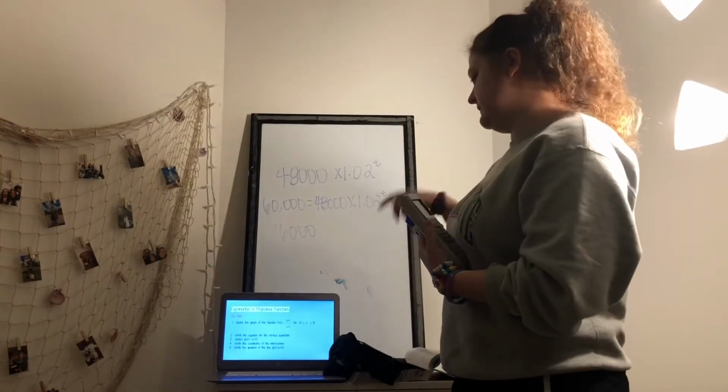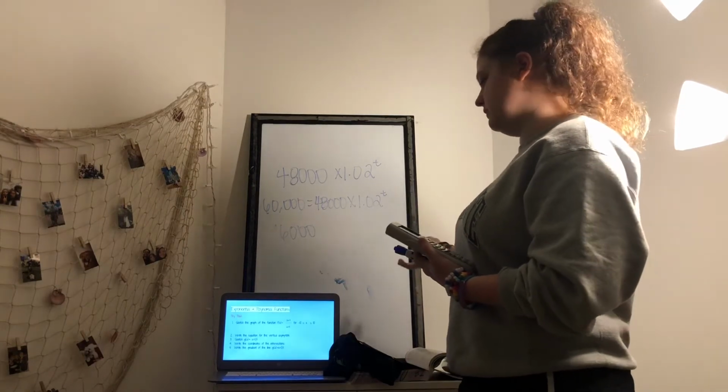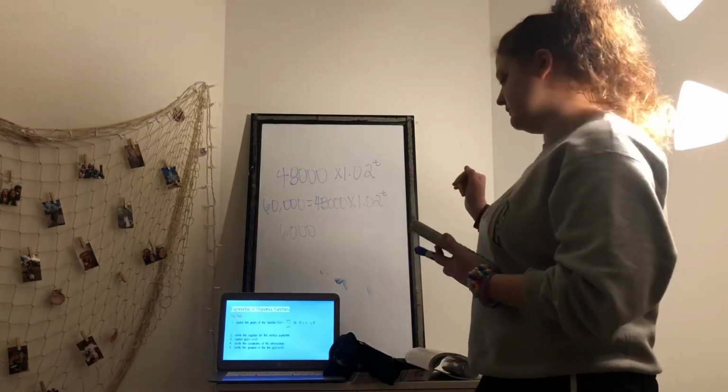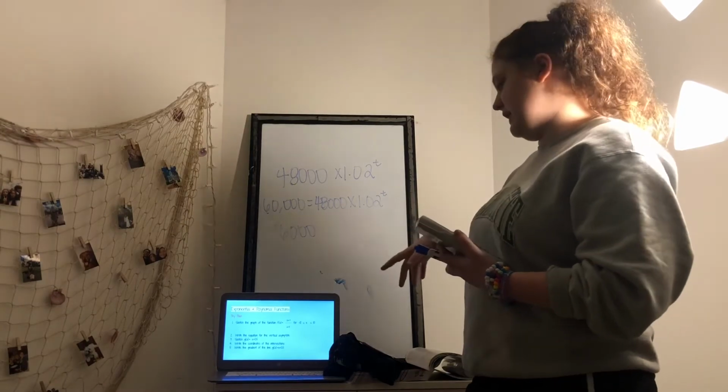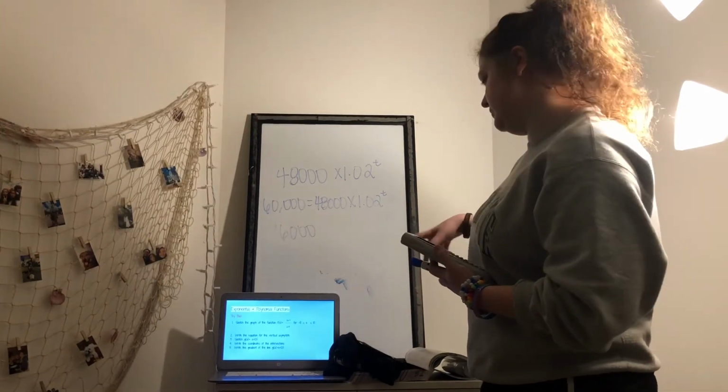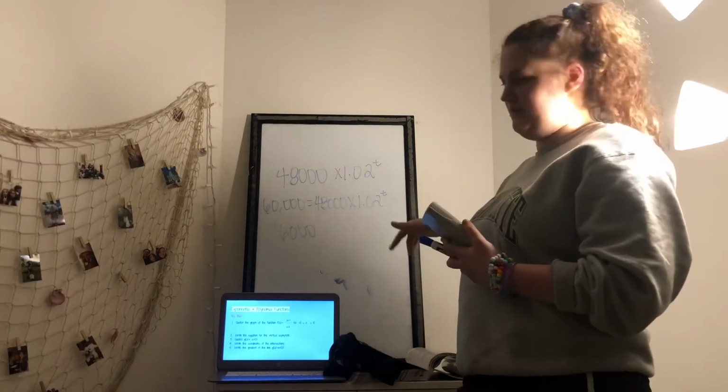So in this problem it says sketch the graph of the function f of x equals 2x plus 3 over x plus 4 for negative 10 less than or equal to x, which is less than or equal to 10.